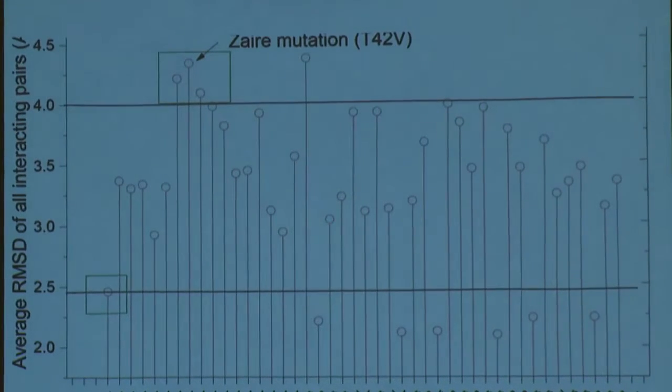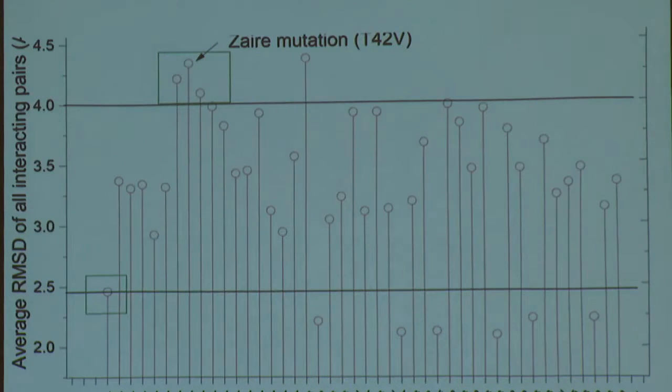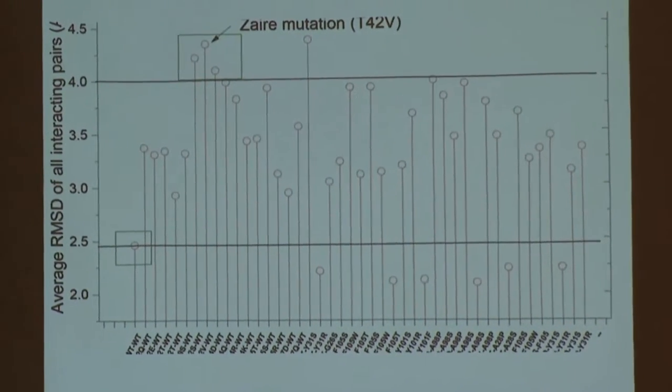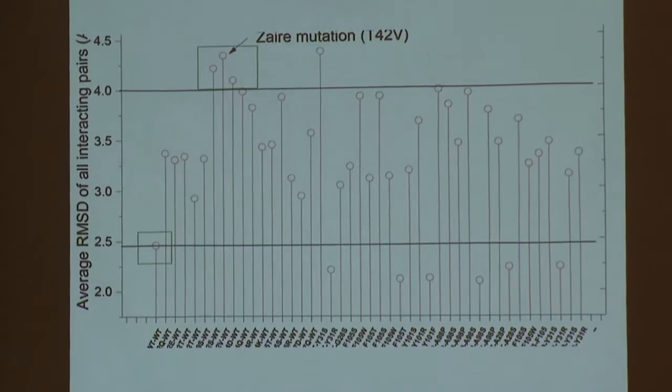Now, here we have successfully responded. This represents a pair where there's a mutated viral glycoprotein and we've mutated the antibody, successfully responded. Each one of these down here represents a successful redesign of the antibody to the virus.